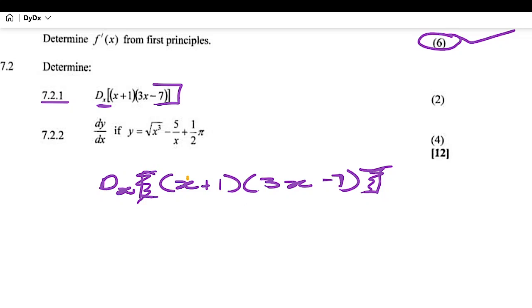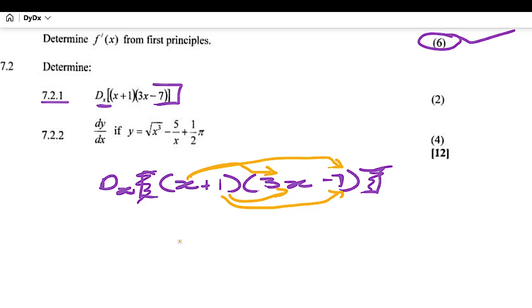So let's do it. Or what you can do is just pause the video and see if you can get the answer, and then continue to follow. So what you will do now is remove the bracket.